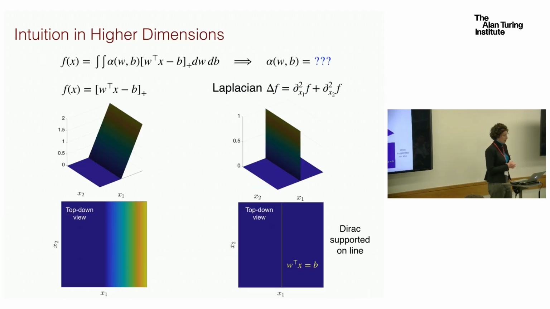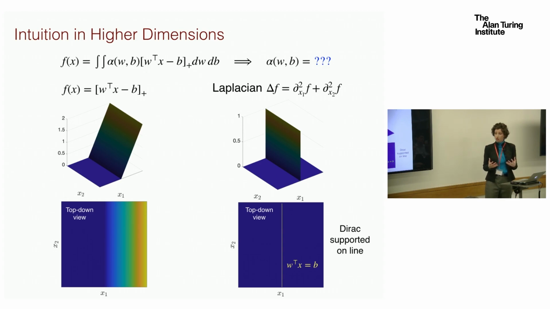So in particular, we start with this top equation, which is our main criterion. We want to try to find a measure alpha that satisfies this equation. Okay, so we're saying that the output of the neural network can be expressed as this integral of alpha times the ReLU output of w transpose x minus b.